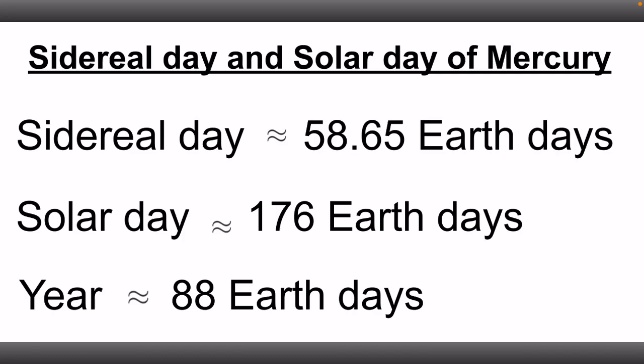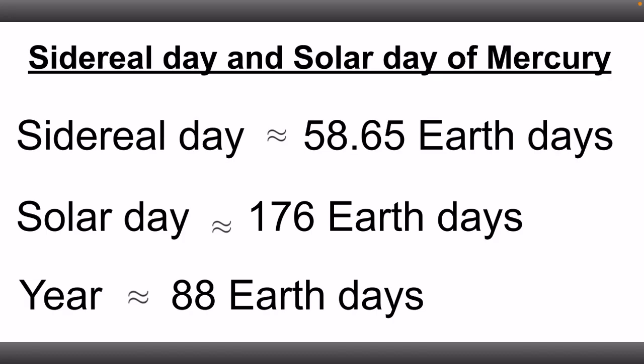A solar day is basically how long it takes for the sun to get from one point in the sky all the way back to that point again. And then a sidereal day is basically that, but with the stars. So basically how long it takes one star in the sky to get from that point all the way back to that point.